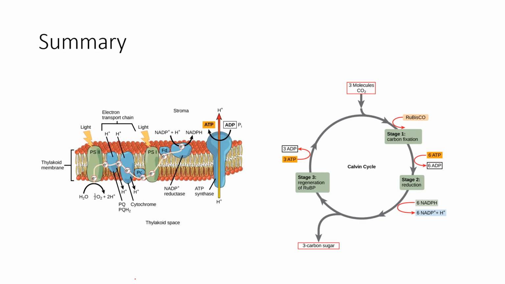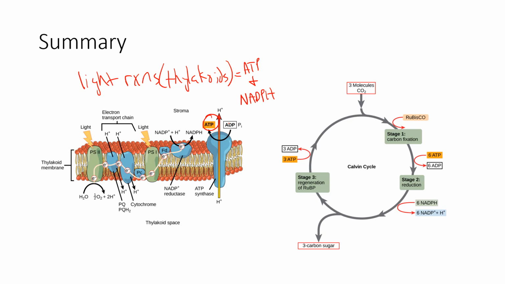Okay. So to summarize, we've got the light reactions that take place in the thylakoids, and those light reactions produce ATP and NADPH. You can see that here and here. And that's also where the oxygen comes from, right?